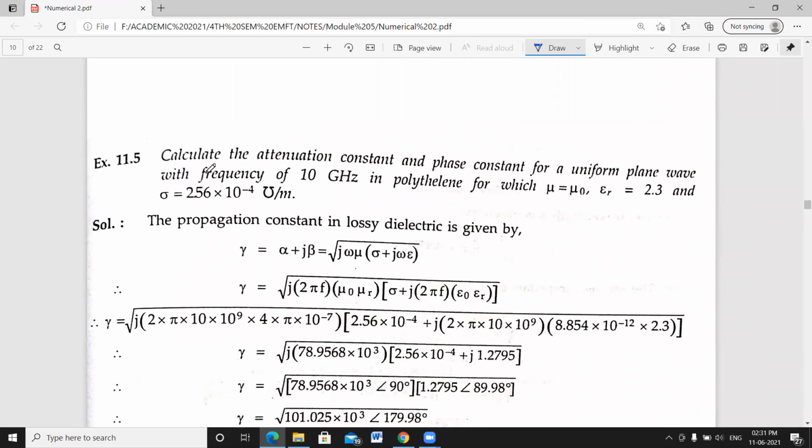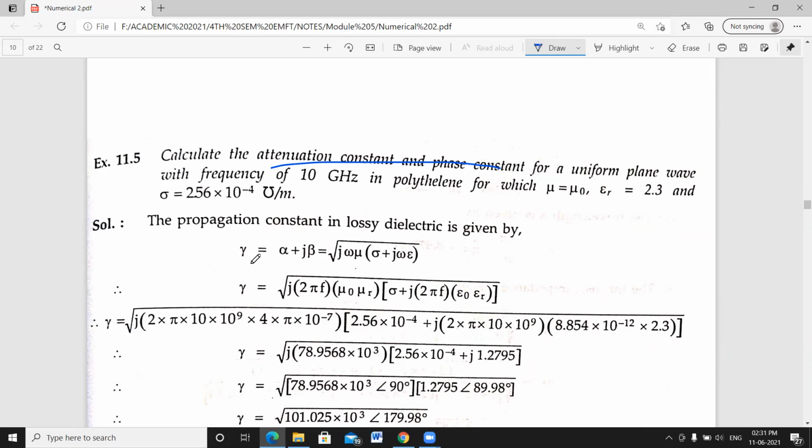Then one more problem. Calculate the attenuation constant and phase constant for a uniform plane wave with frequency of 10 gigahertz in polyethylene, for which mu is equal to mu naught, epsilon r is 2.3, and conductivity is 256 into 10 to minus 4 mho per meter.